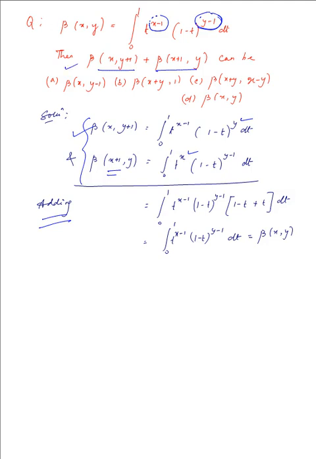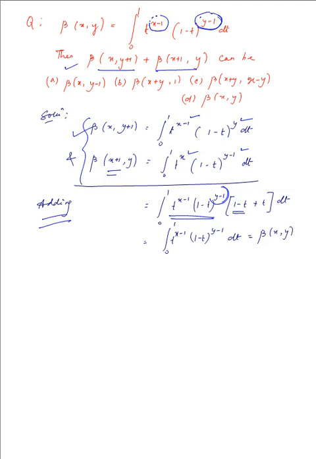The left hand side is as per the requirement. Then on the right hand side, t to the power x minus 1 and 1 minus t to the power y minus 1 are the common terms in each of them. So what is left, because you have taken these two as the common terms: in the first case, a factor of 1 minus t remains, because this factor has been taken out as the common term.